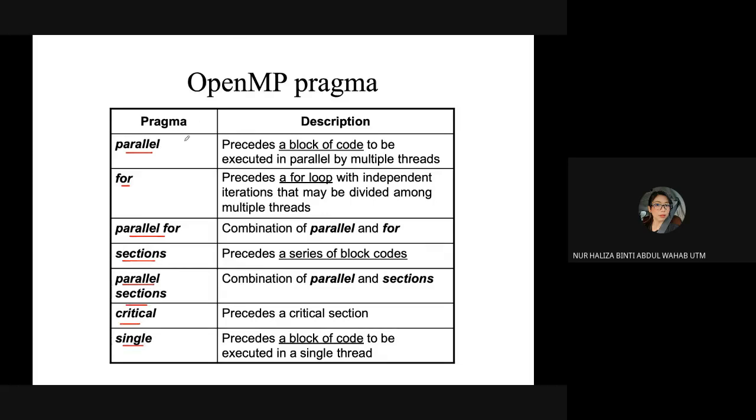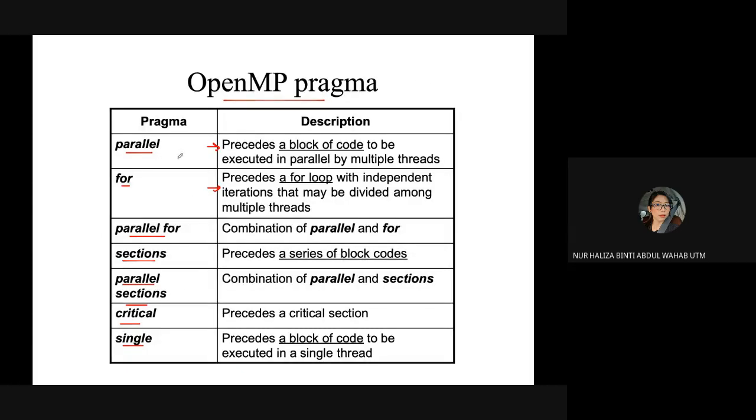You can find the description of the functions of all the pragmas listed in this table. All of these are under OpenMP pragma. Basically, there are others also, but these are the most useful and regularly used in your OpenMP.